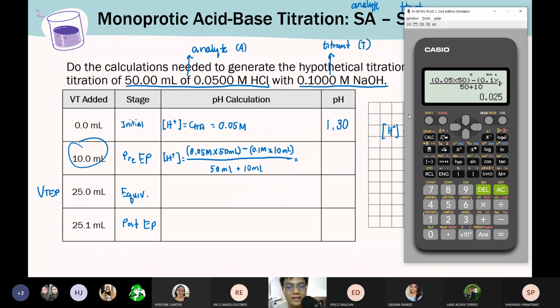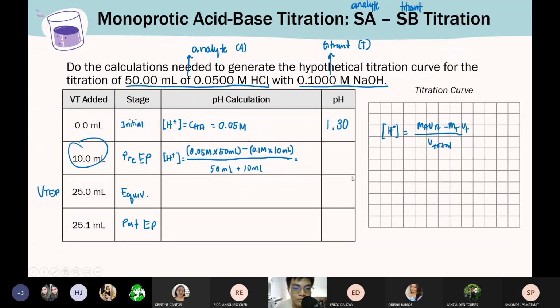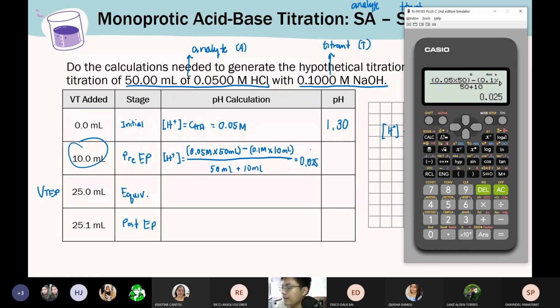So nakita nyo, nabawasan talaga yung acid. Kanina, 0.05 molar siya. Ngayon, 0.025 na lang. Ayan yung molarity niya. And then, to get the pH, what we will do, negative log of that. 1.60.